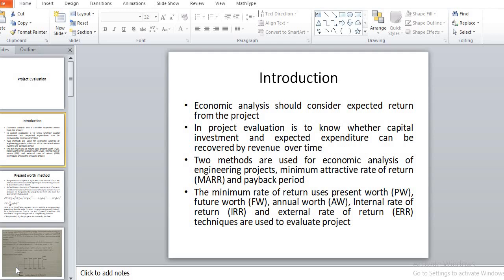We already went through the present worth method, future worth method, and annual worth method.